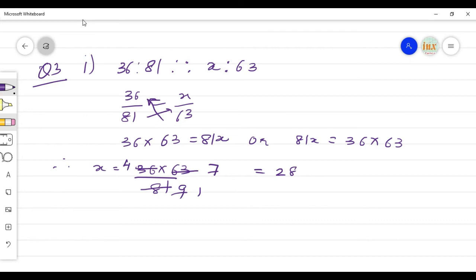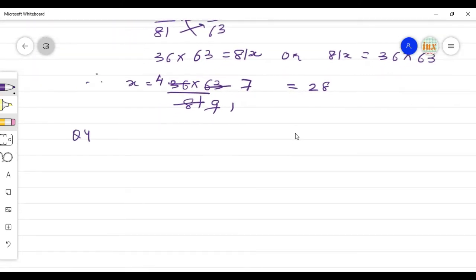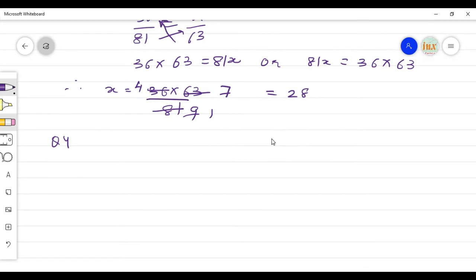Okay. Now we move on to question number 4. In a proportion the first, second and fourth term are 32, 112 and 217. So the first term is 32, the second term is 112, and the fourth term is 217.